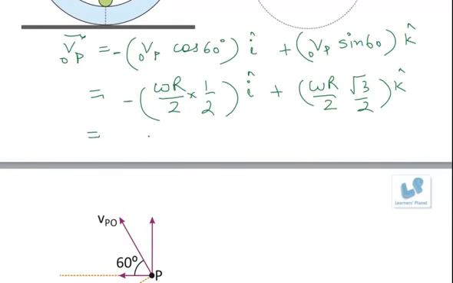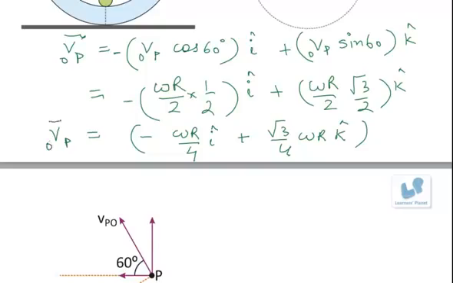So the speed is minus omega r by 4 i cap plus root 3 by 4 omega r k cap. This is the speed of point P with respect to O.